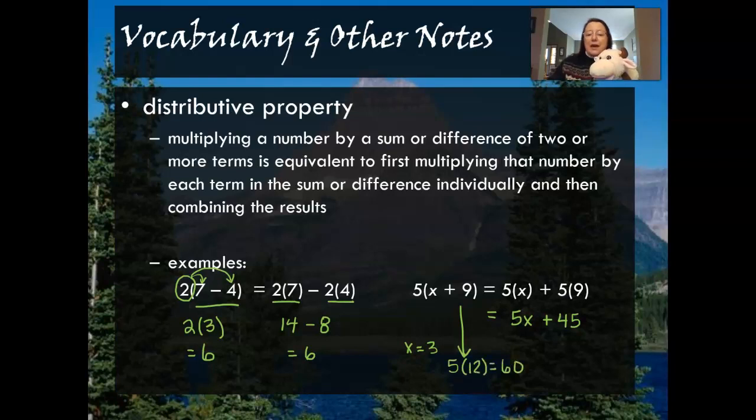If I plug x equals 3 into the other expression, I would have 5 times 3, or 15, plus the 5 times 9, which is 45, which also equals 60. The distributive property allows us to generate equivalent expressions.